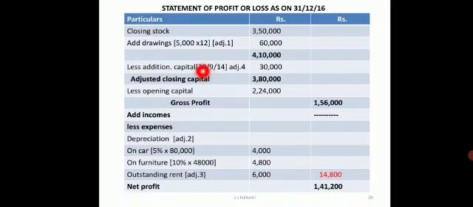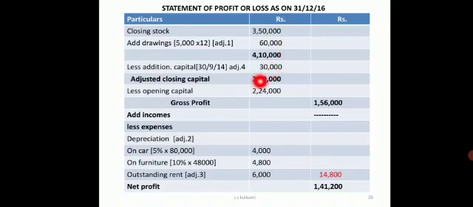So whatever amount is introduced, the additional capital is to be deducted. If this 30,000 was not there, then my closing capital would be less. So from 4,10,000 minus 30,000, I will get 3,80,000. Now this 3,80,000 is my actual closing capital if drawings and additional capital were not existing.